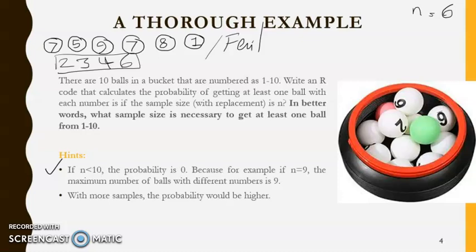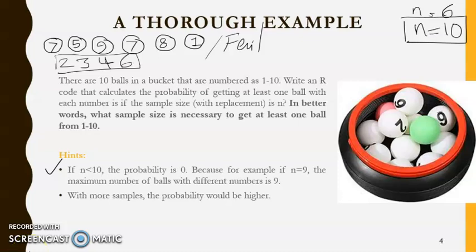So when you take 6 balls, the maximum number of balls with different numbers that you can take is 6. So of course you cannot take all the numbers from 1 to 10 when you are taking only 6. So what is the main point that we get here? We need to get at least 10 balls out of the bucket to have a chance of success.